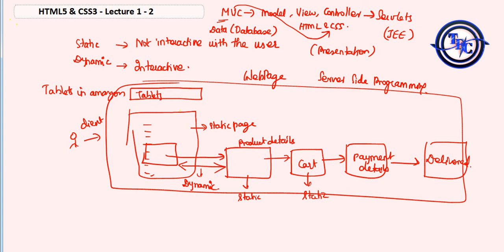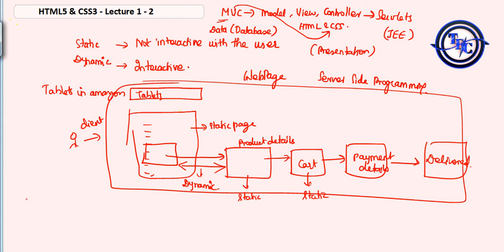Model is nothing but data. This is stored in the database and will be accessed and manipulated depending upon the user's requirement. That is said to be the model. View is whatever the user sees, and controller is something that controls at the back.